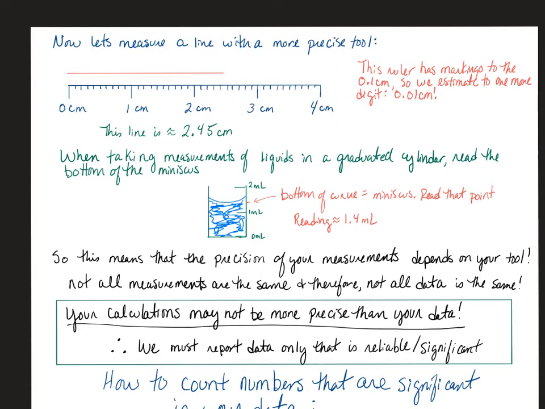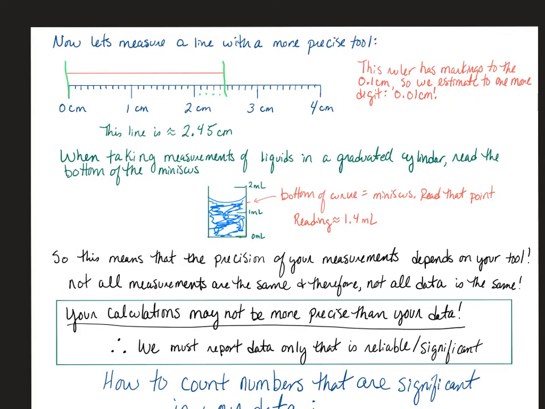And see, in this example, we start with a ruler that has many more hashes on it. So this ruler actually defines where a tenth of a centimeter is. So again, we start where the 0 is, and we can see that the line is going to come about right there. Well, again, you can now see that this would be 2.1, 2, 3, 4, right there. And I can estimate to one more tens digit.